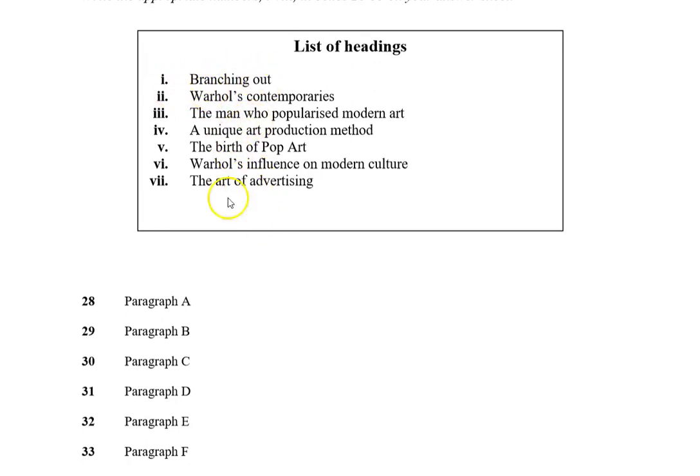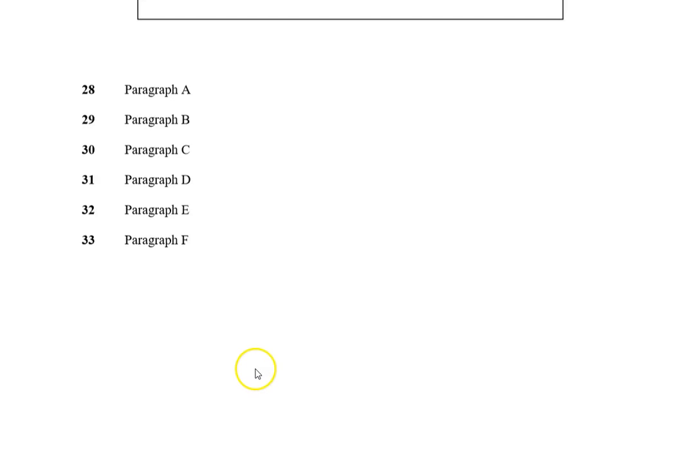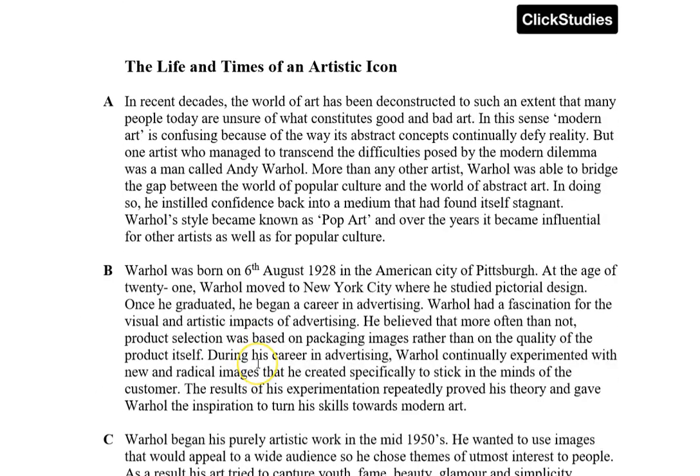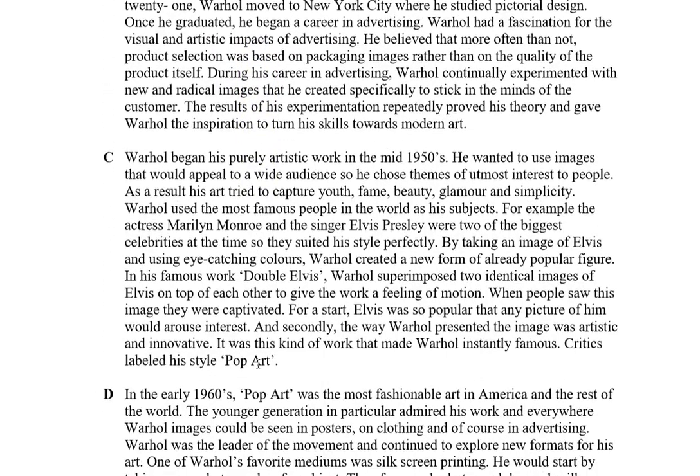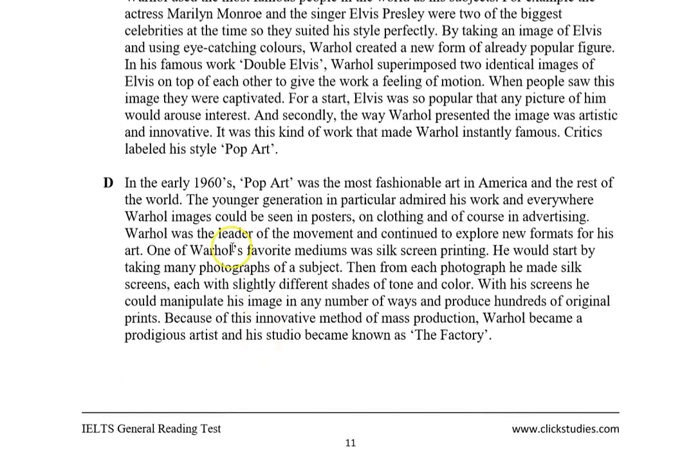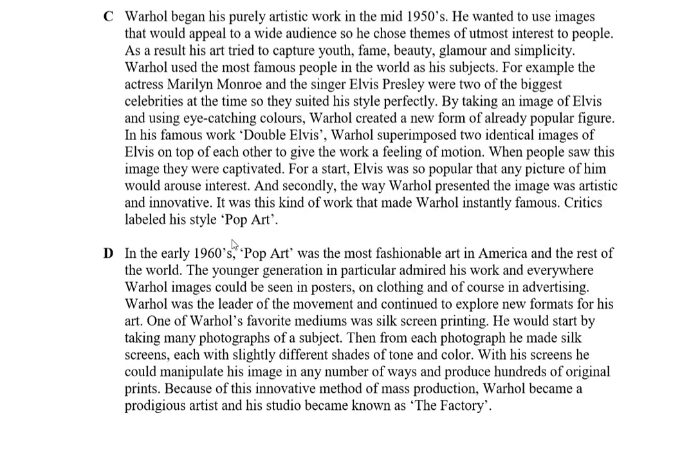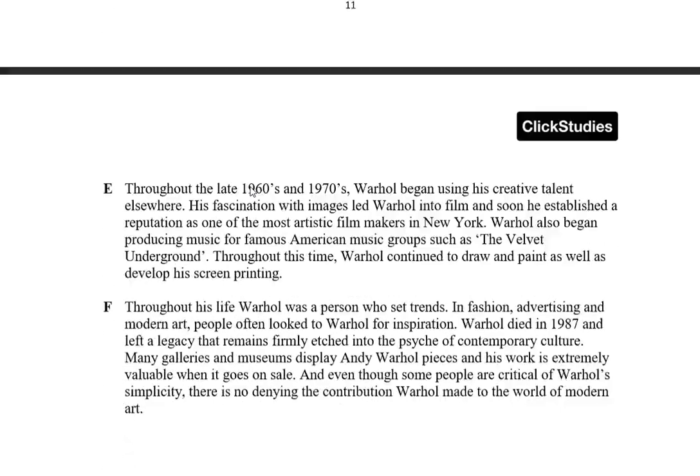Would heading number 1 go with paragraph B? Would it go with paragraph C? We need to try and make that connection. That takes quite a bit of skill, and it's an activity which involves scanning and detailed reading. You're going backwards and forwards to try and find the correct synonyms, the words that mean the same.